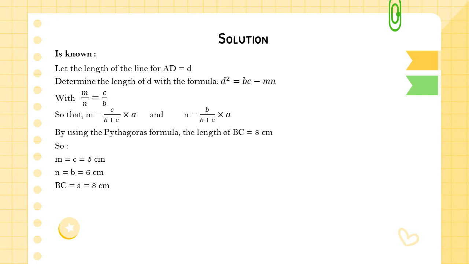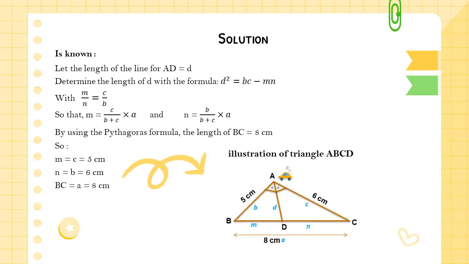So, C, the value is 5 centimeters. B, the value is 6 centimeters. And BC is equal to A, the value is 8 centimeters. The following is an illustration of triangle ABC.